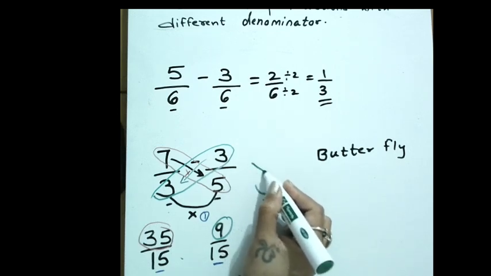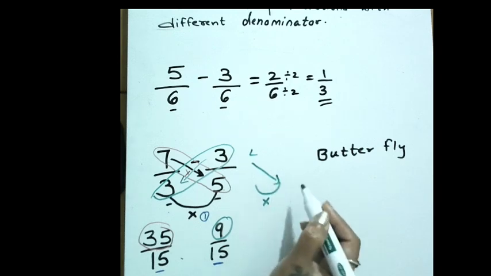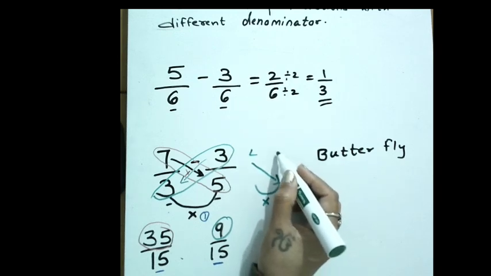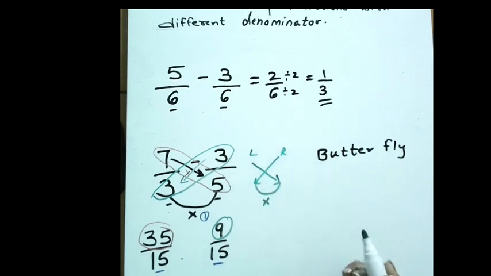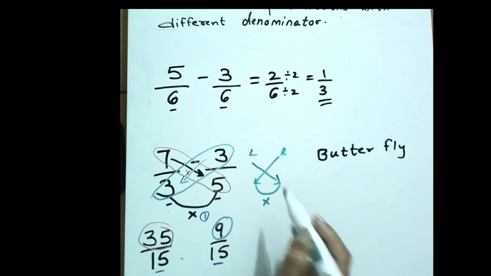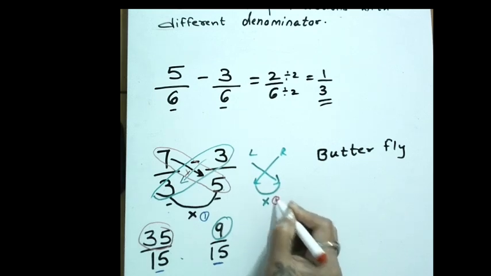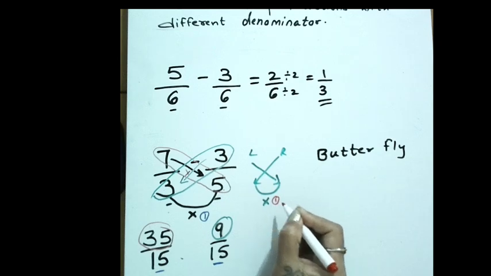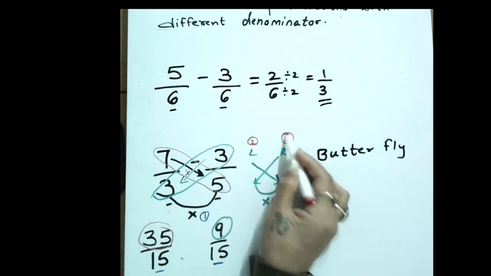Second, you multiply from left to right. Third step, you multiply right to left. So this is the way you are going to do it. If you get this point, you will always get your answers right. So this is first step, second step, third step. Done.